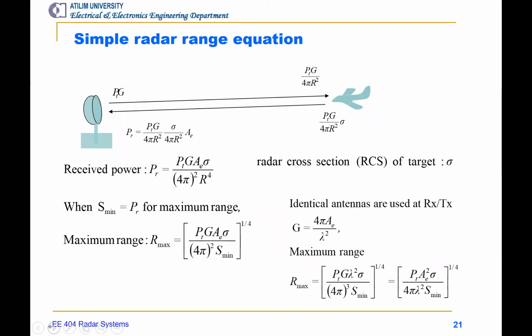Okay, now so far we have learned some basic parameters of a radar system, especially radar waveform. Now we are going to derive a simple radar range equation. And in the subsequent two lessons, we'll be discussing the radar range equation, by the way.